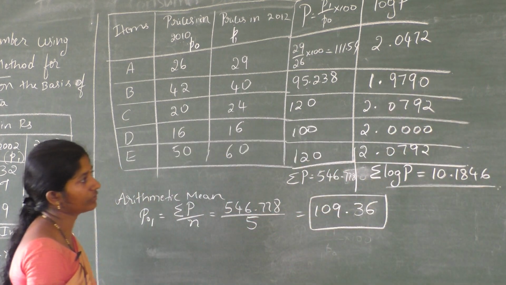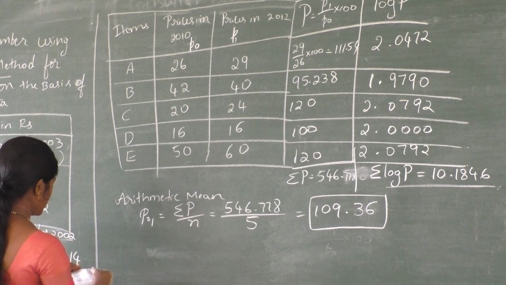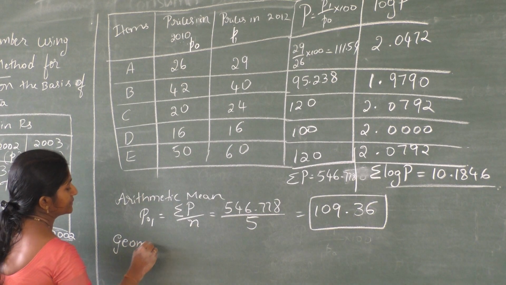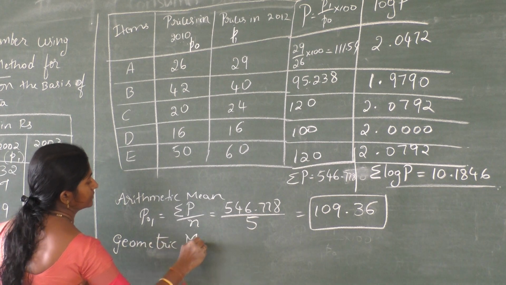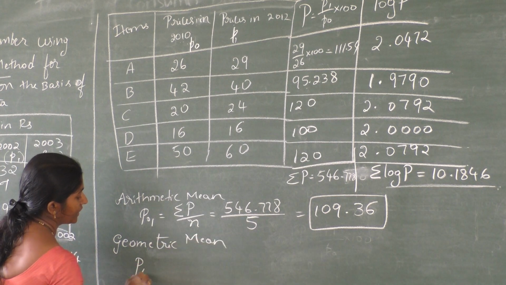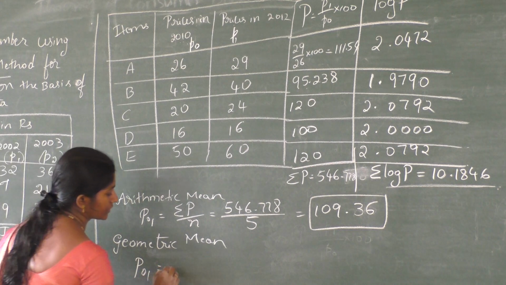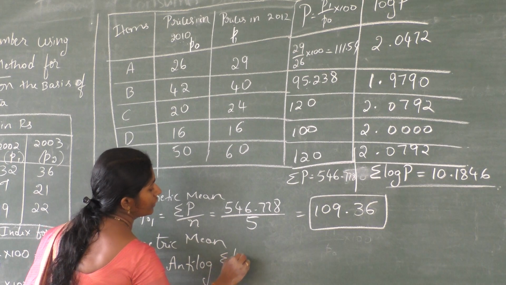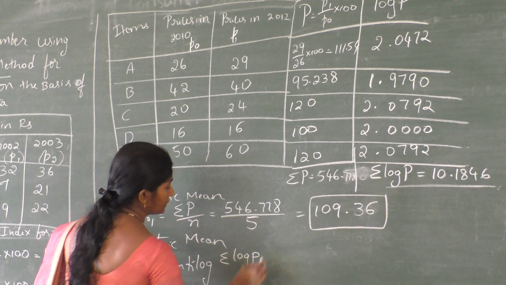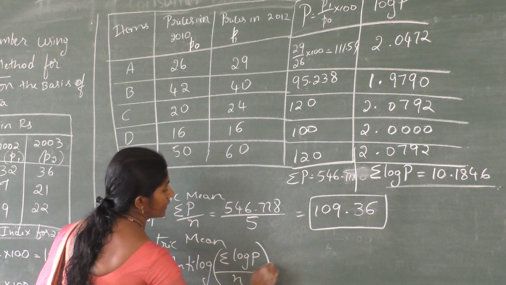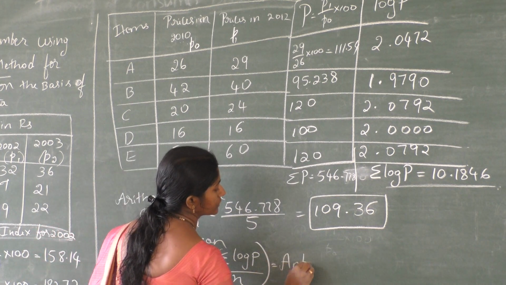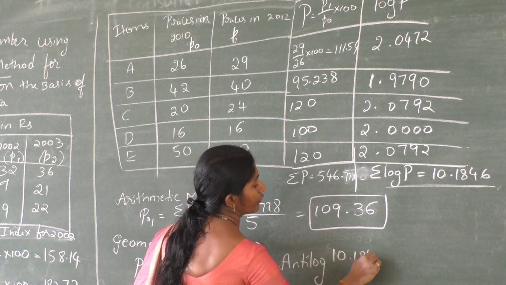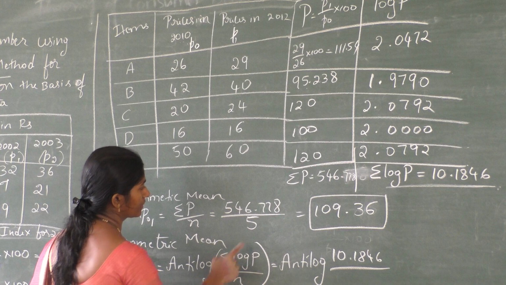Add all these values, 10.1846. Now geometric mean. P01 of geometric mean is anti-log of total value of log P divided by small n, that equals again anti-log of 10.1846 divided by n, that is 5.